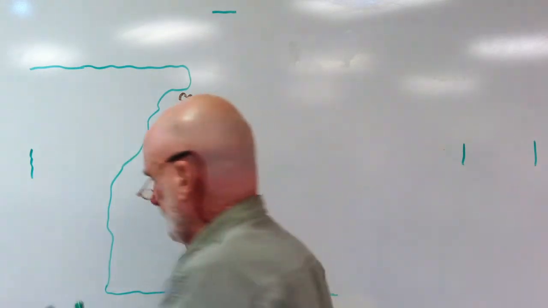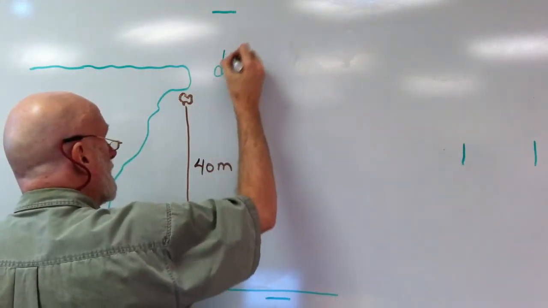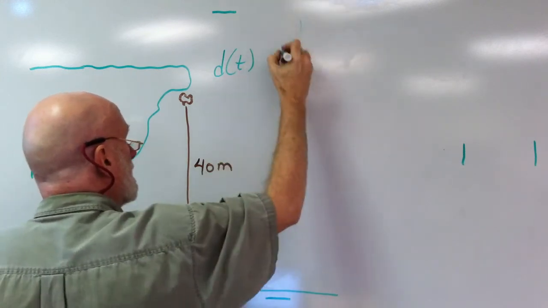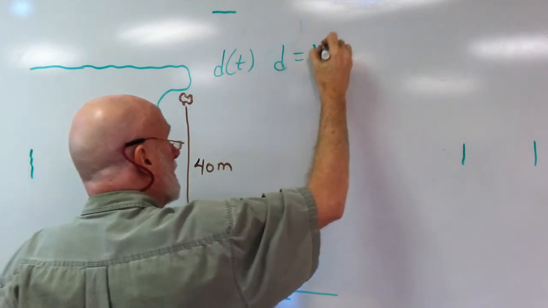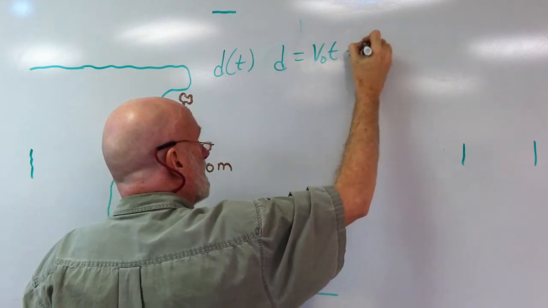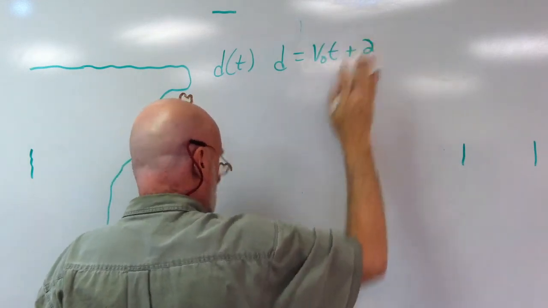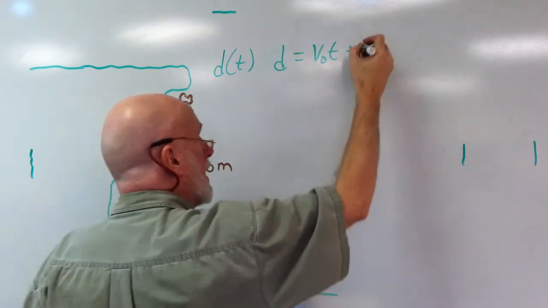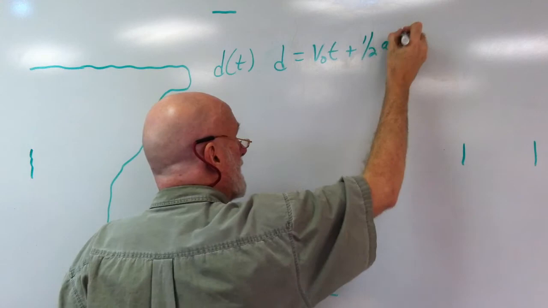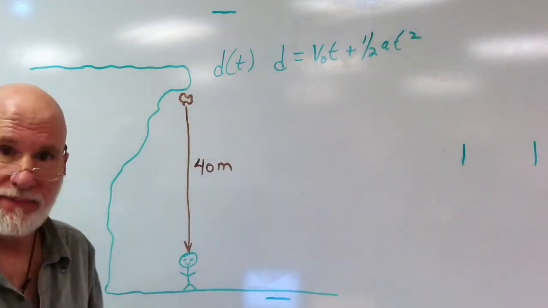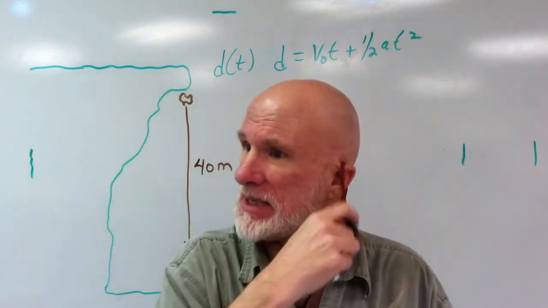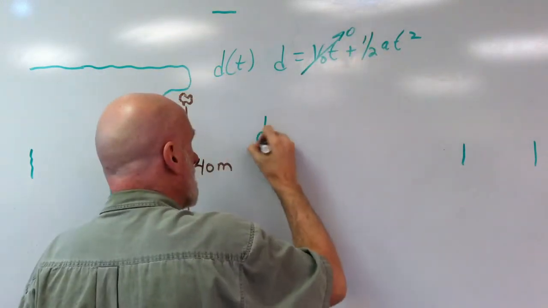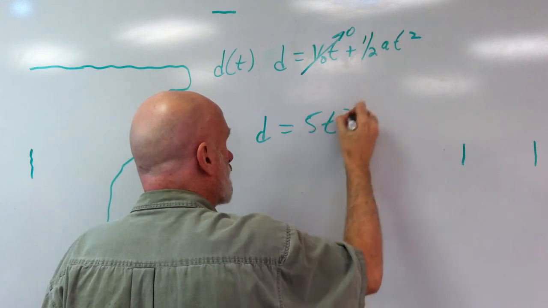Distance and time: d of t equals v naught t plus 1/2 a t squared. Now, the initial velocity is 0, so that drops out. So d equals 5t squared.